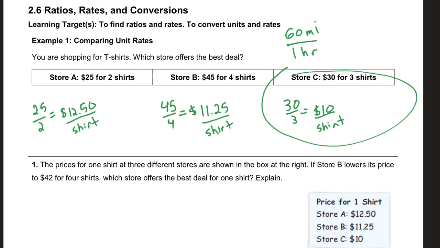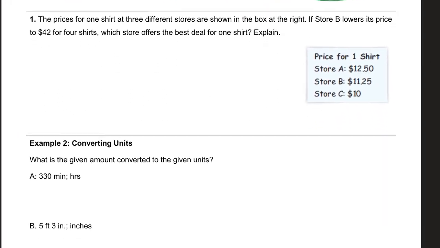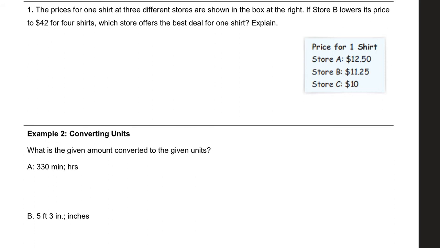So moving down to guided practice 1 down here. I'll go through this one with you, but it says the prices for 1 shirt at 3 different stores are shown in the box at the right. If store B lowers its price to $42 for every 4 shirts, which store would have the best deal for 1 shirt?